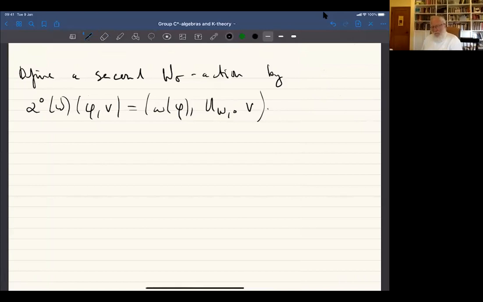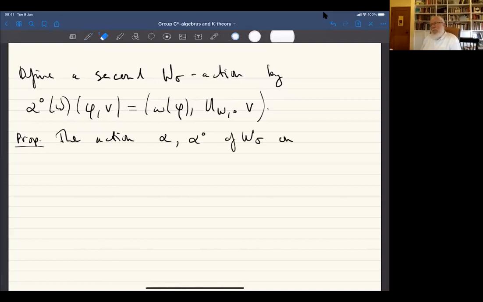And then the following proposition, and this is sort of where the essential ingredient is, namely that the actions of alpha and alpha naught of W sigma on C0 of A star, GPH sigma, are unitarily equivalent.